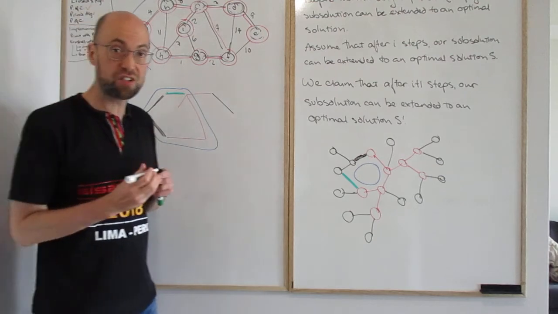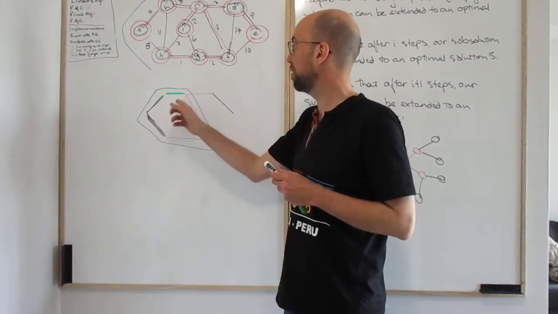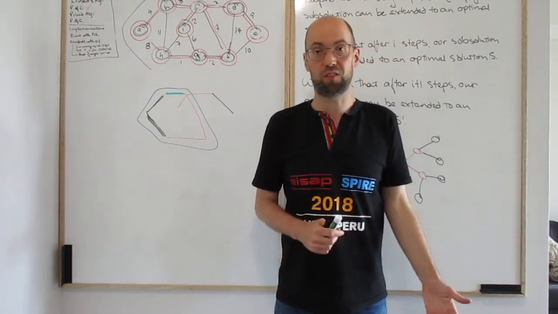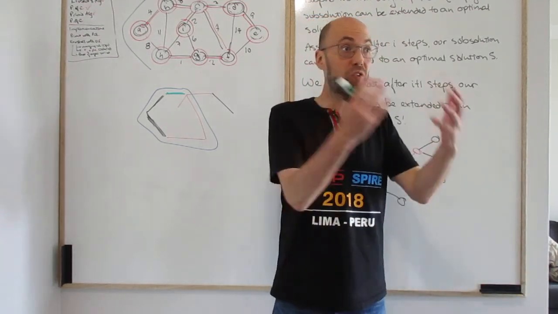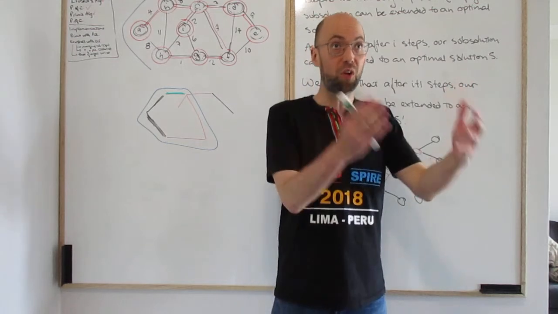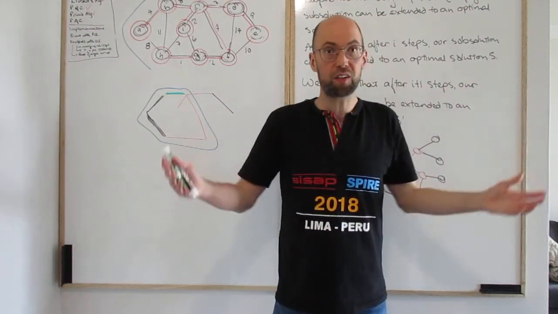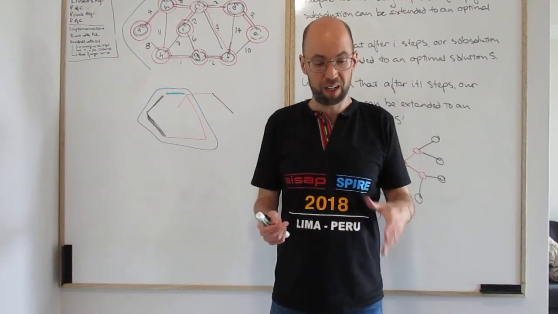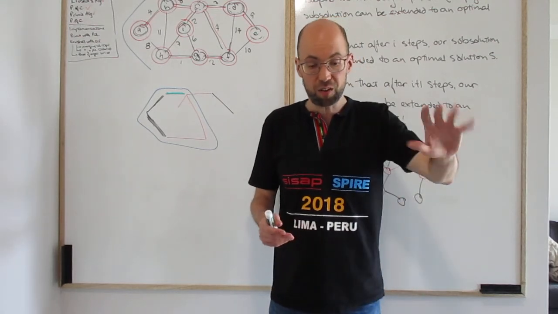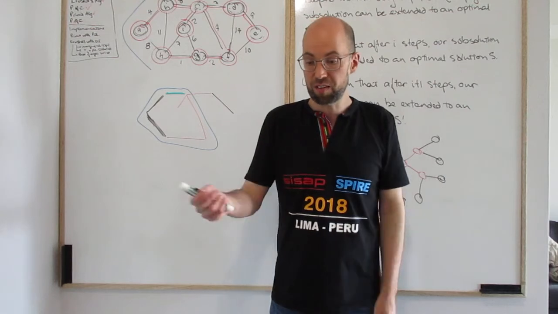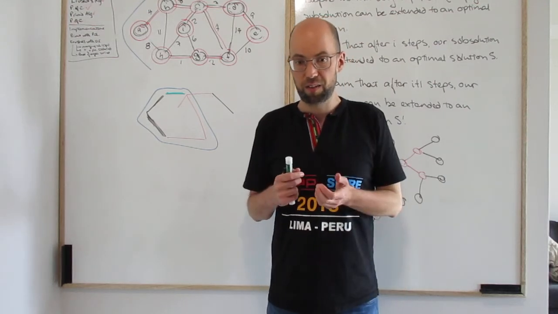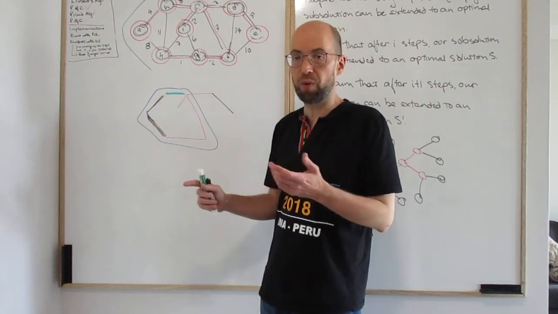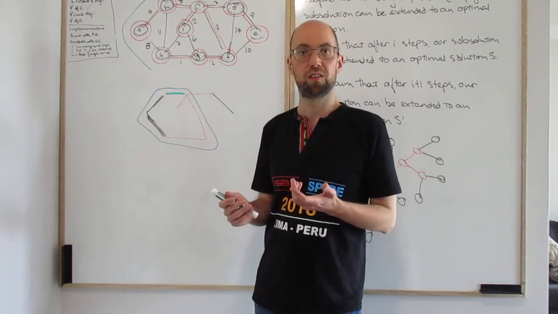This black edge cannot be cheaper than the green edge. Why? Because it is incident to our tree so far, so it is among the things we can consider at the (i+1)st step, and we don't consider it next. We take the green edge. So that means it can't be that this edge is cheaper, otherwise we would have taken this edge.